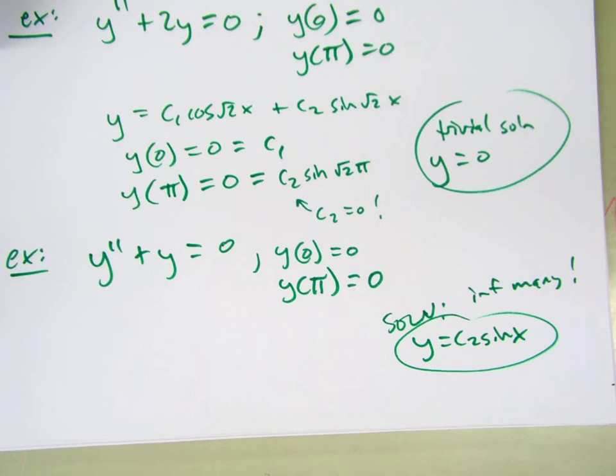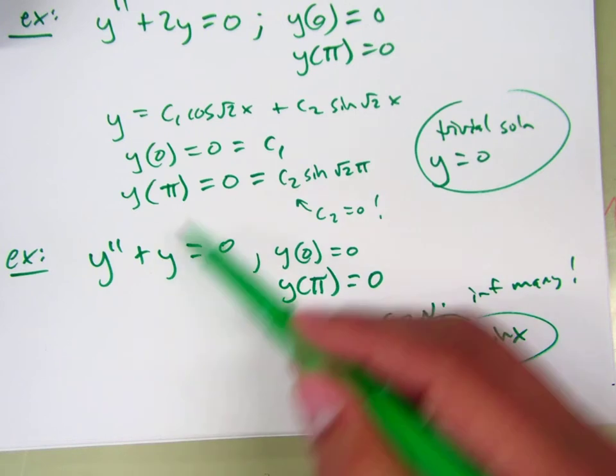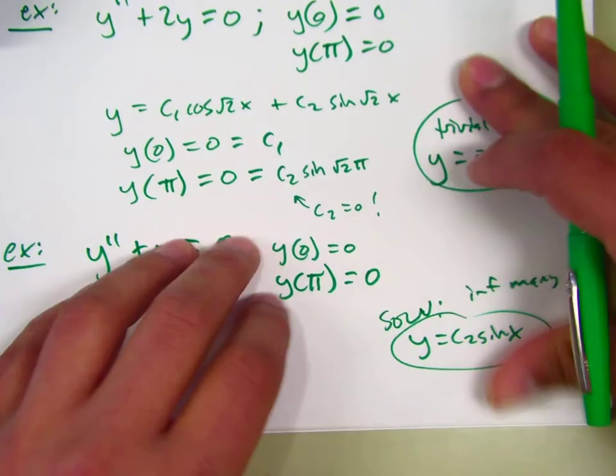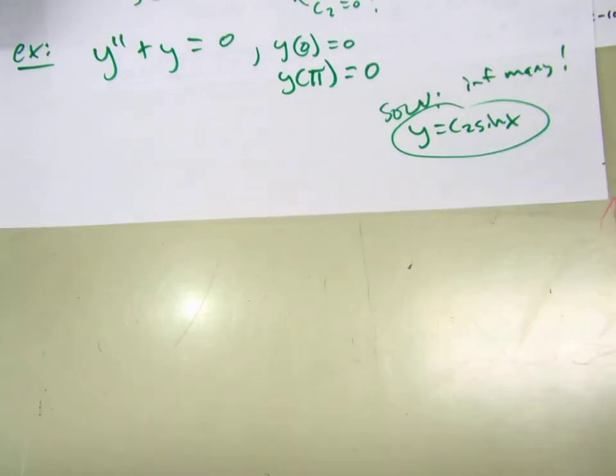Okay, so what we're going to be interested in, before we start solving these, is how we can tell whether there's going to be trivial solutions or not. And so here's how we can do that.